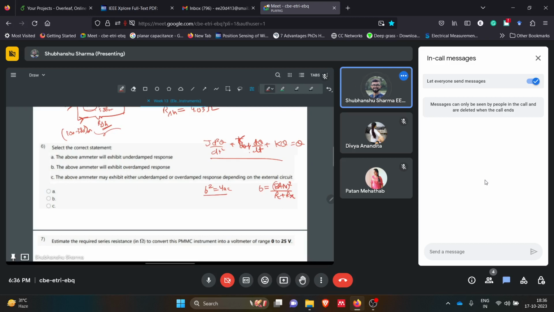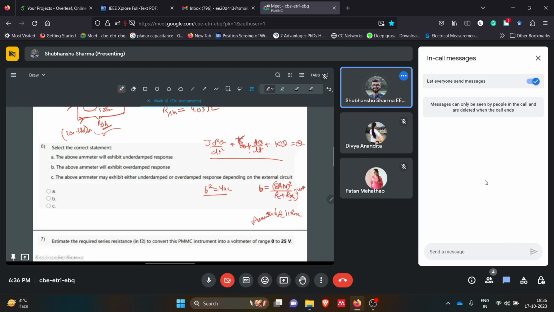If a series resistance has been added to the coil, then it is RC plus RX. If a parallel resistance is added to the coil, then it will be RC parallel RX. So it will depend. I think in voltmeter cases this will be the case, in ammeter cases that will be the case.